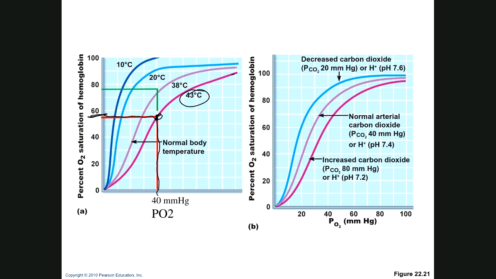So 45% has been given up. Whereas at normal temperature, we have 75% saturation, so 25% has been given up.